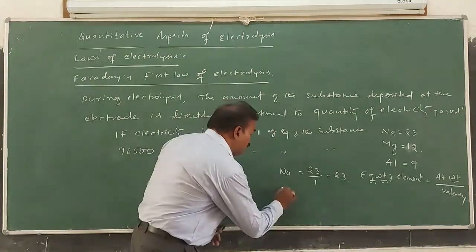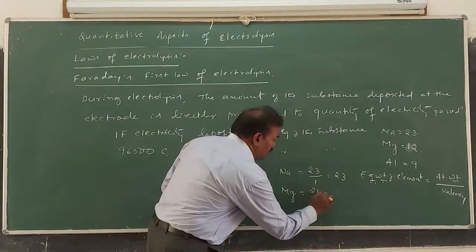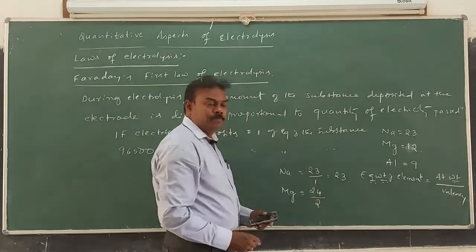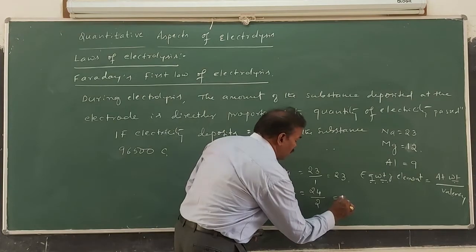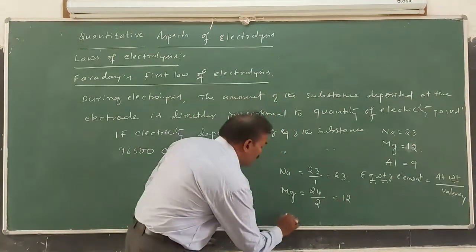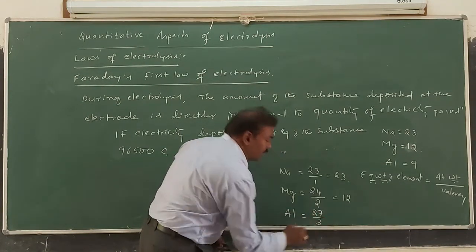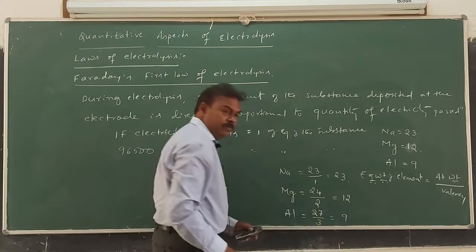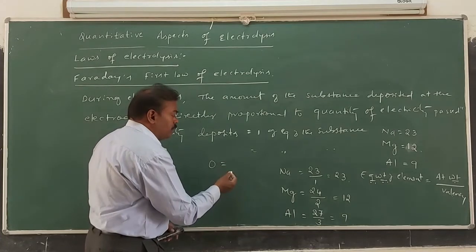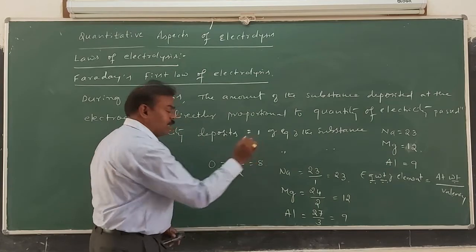Suppose magnesium. What is its equivalent weight? The atomic weight of magnesium is 24 gram, divided by the valency of magnesium, which is 2. The equivalent weight of magnesium is 12 gram. Similarly, the equivalent weight of aluminum: atomic weight 27 divided by valency 3 is 9 gram. Equivalent weight of the oxygen atom: 16 divided by valency 2 is 8 gram only.